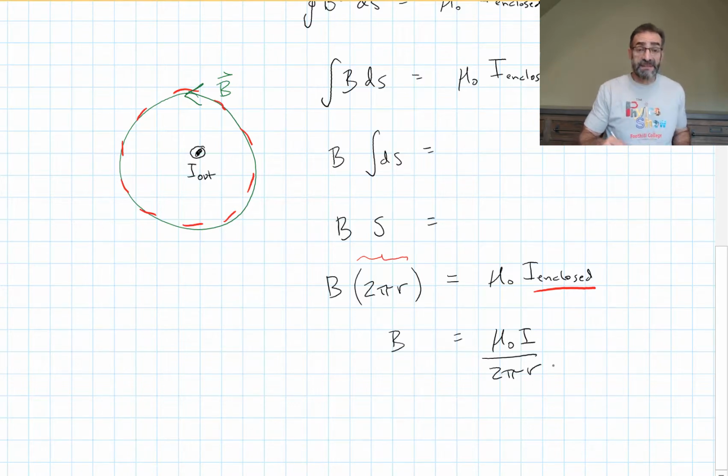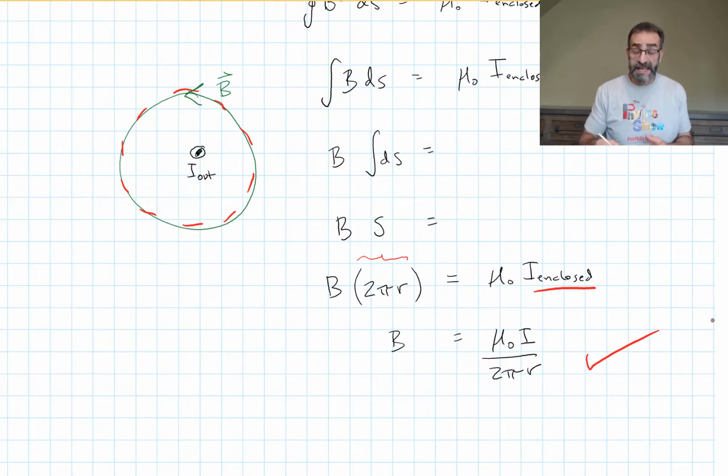So the magnetic field at some point around an infinitely long, straight, current-carrying wire is mu naught I over 2 pi r. And we found that already using the Biot-Savart law, so that checks out. We know that that's true. So we just checked Ampere's law for this special case, an infinitely long straight current-carrying wire.